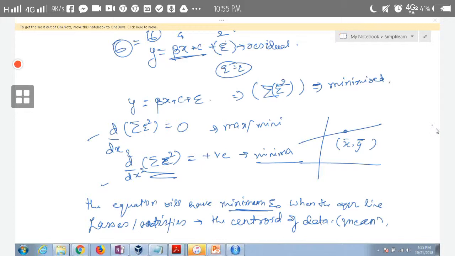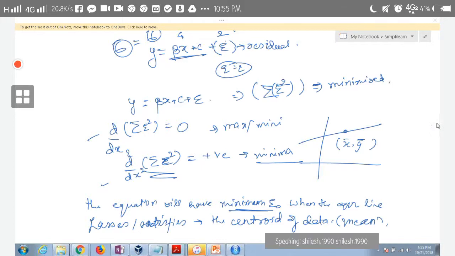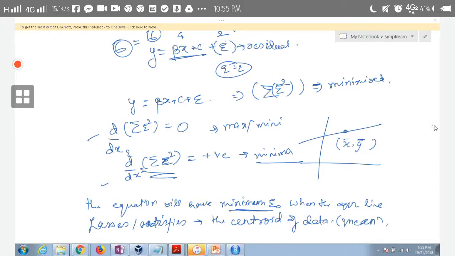Not able to follow. Which area have you lost, Subhan? Residual part. Residual is just extra, leftover.